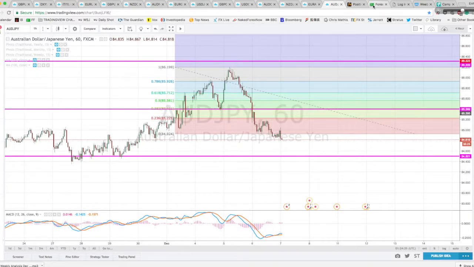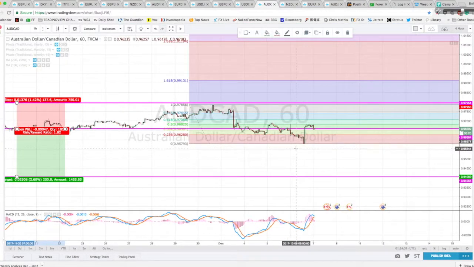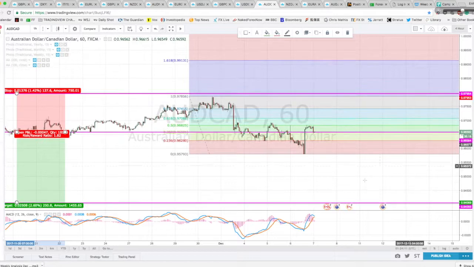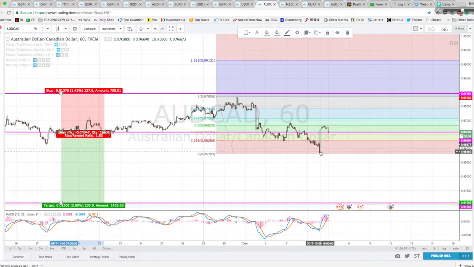Then the Bank of Canada happened, and I realized this is a good event for the Canadian dollar to be sold off, so I can actually take advantage to buy it. So that was the case. I waited for this green candle, drew this Fibonacci line, and basically got in at this red line here.